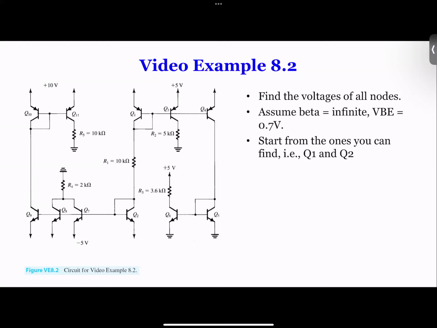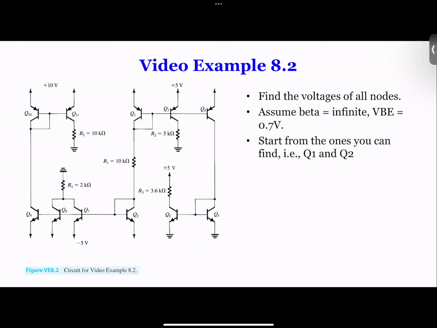The reason is you see the top, which in this case from the emitter to base is 0.7. So that voltage can be found.